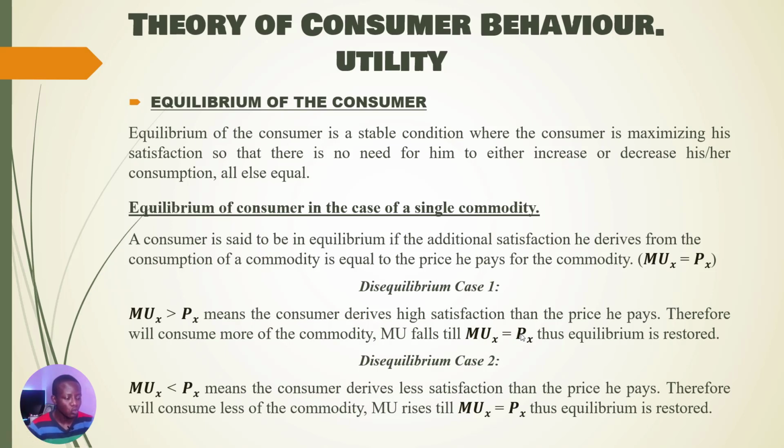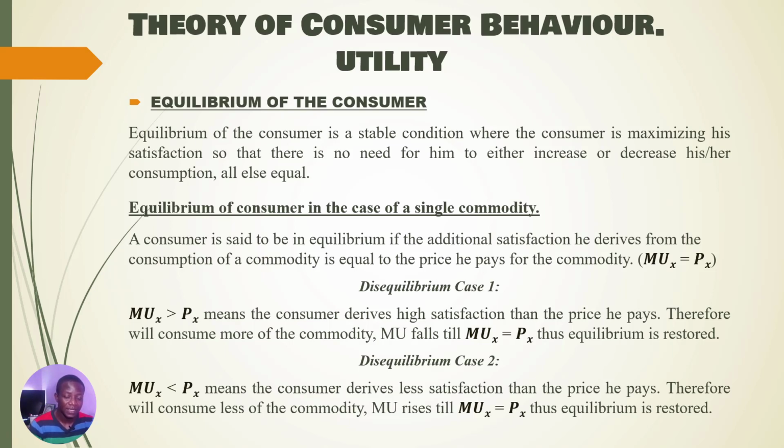In case 2, there can be a situation where the marginal utility is less than the price of that commodity. That means the consumer derives less satisfaction from that commodity; the price is higher than the utility he or she is deriving from it. So the consumer is going to demand and consume less and less of that commodity.